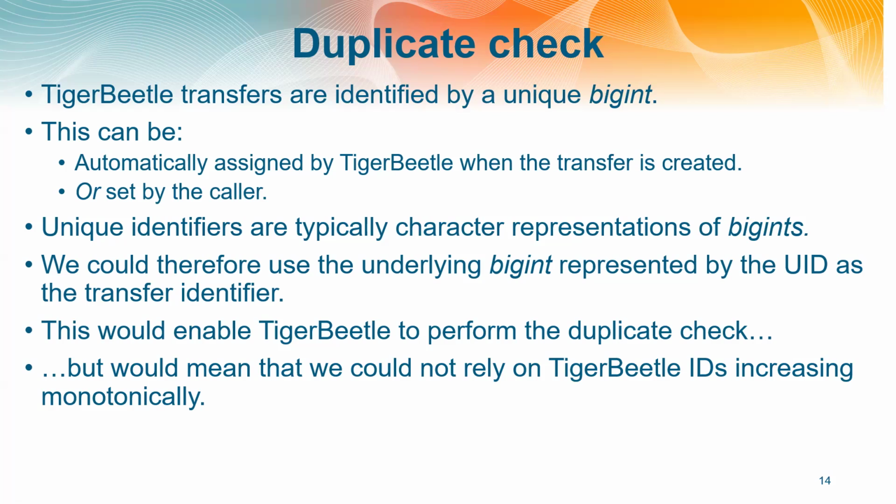And the problem that we have, of course, is that there's nothing that says that the time clocks on the various participant servers will all be synchronized with each other, and that therefore, when a stream of messages arrive, they will have monotonically increasing big ints. They might have any kind of big int, and therefore, it's possible that transfers might be added to TigerBeetle in a non-sequential way. Again, we don't think that will be a major problem.